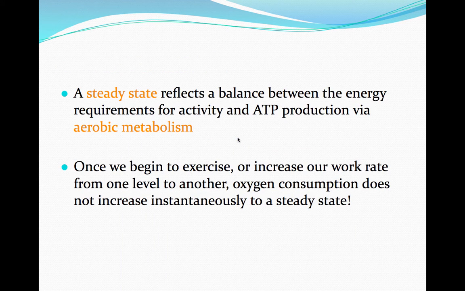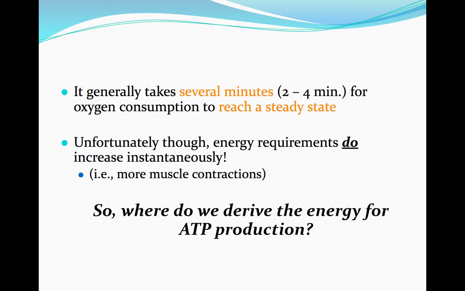So when you reach steady state VO2, that's a balance between energy requirements and ATP production via aerobic metabolism. There's a balance. You've met your need. Okay? But you may have also noticed that on that curve, you don't jump automatically to that steady state. It takes a couple of minutes.